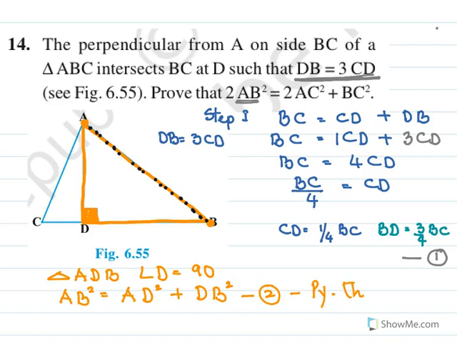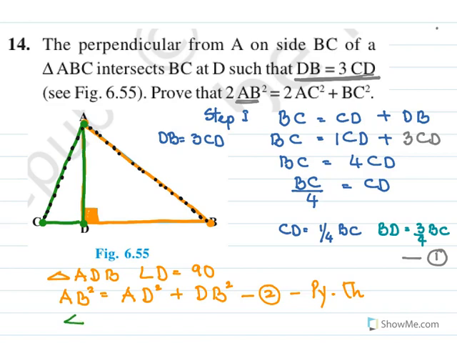I have yet another right angle triangle, and that right angle triangle is ADC. So we have ADC, this right angle triangle, and I'm going to use Pythagoras theorem. This is the hypotenuse.